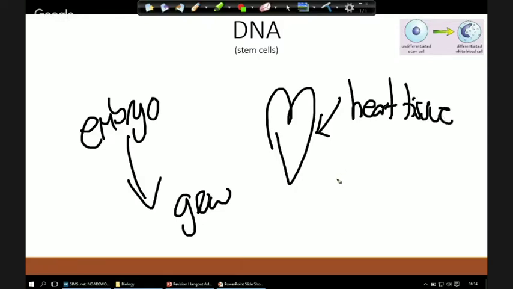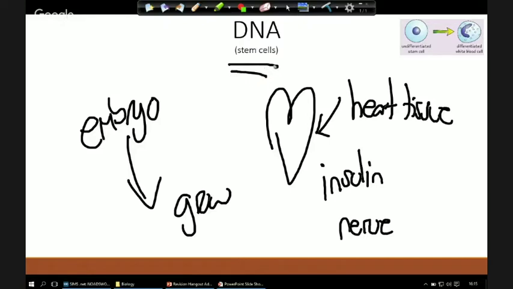Or perhaps they could be grown into insulin producing cells in an individual that lacks it. Or perhaps for someone that's paralyzed, they can be grown into new nerve tissue. So a stem cell can turn into any cell, offering a huge amount for medical research for curing diseases.